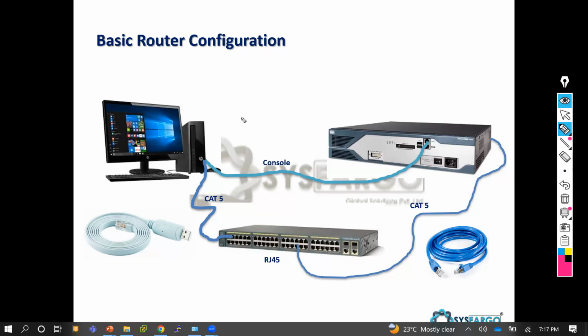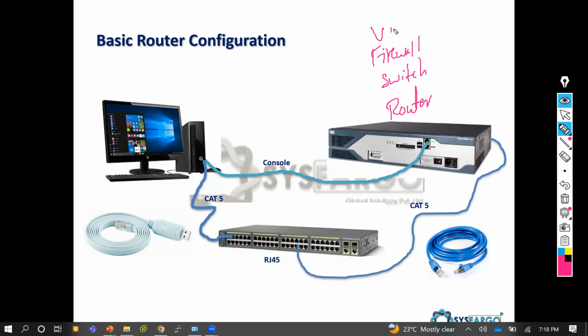And one more thing, to access any network device. This is the router we have. You take any network device, either a router, switch, or firewall. I'm talking about Cisco, not any other devices.